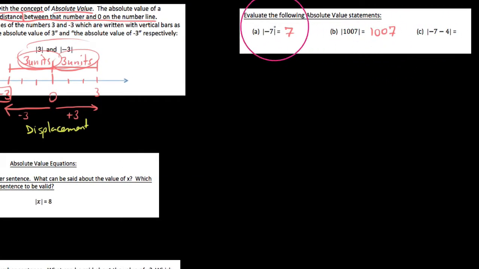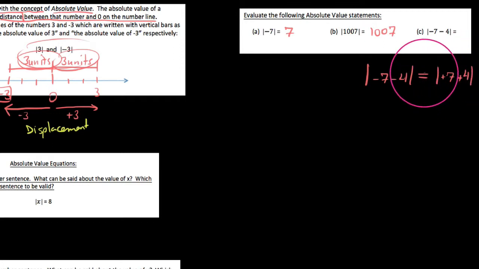Now, do not get carried away with this idea that it makes everything on the inside positive, because it doesn't. When I look over here, it says negative 7 minus 4. It doesn't just take an expression like negative 7 minus 4 and instantly convert it into a positive 7 plus a positive 4, because that's just fiction.